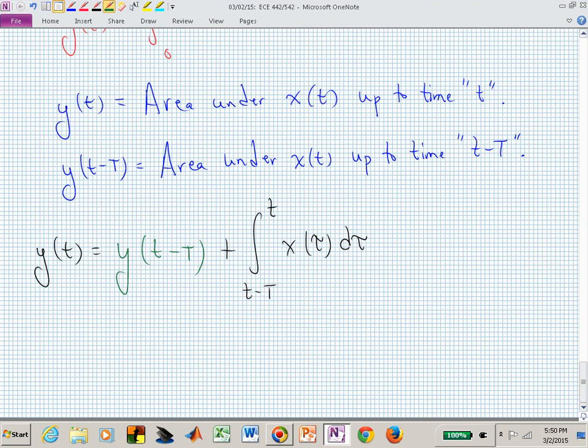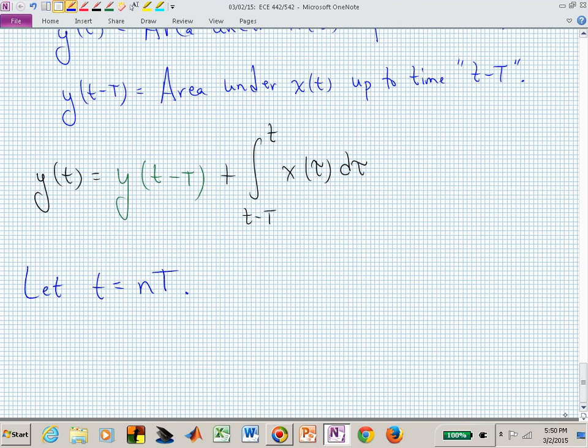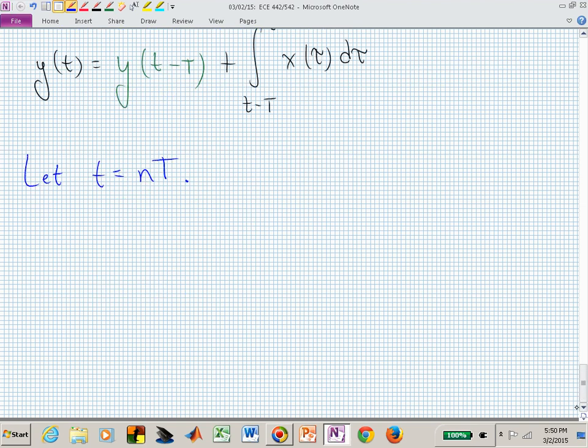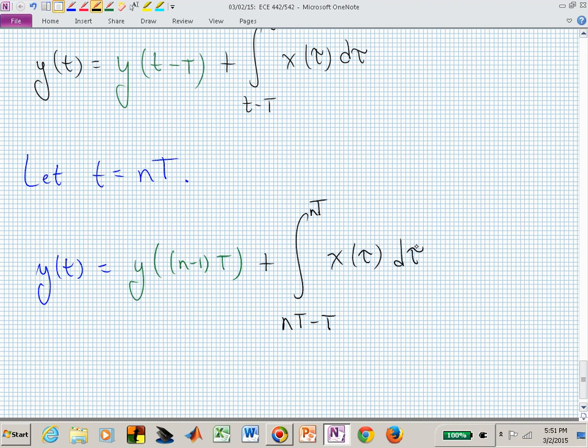Like I said, if we let our time axis be divided up into integer multiples of the sample period, then we can rewrite this expression as y of t is equal to y of n minus 1 capital T, if I factor out the capital T, plus the integral from nT minus T to nT of x of tau d tau.